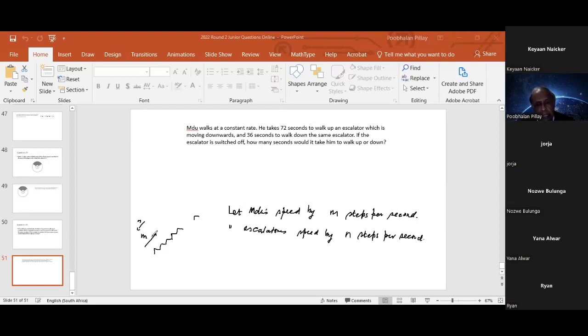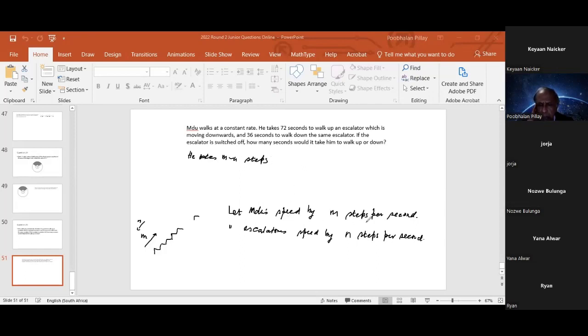So his actual speed is, because in 1 second, n steps disappear behind him, and m steps is only moving up. So when the escalator is going down, the number of steps per second he takes is m minus n steps.